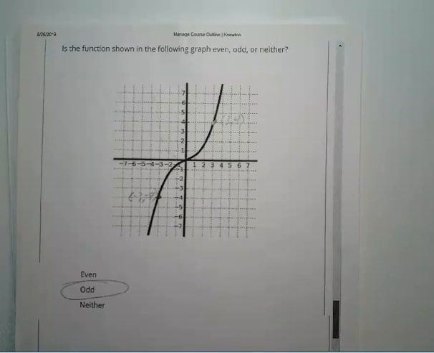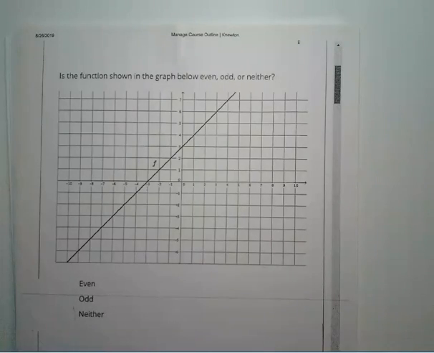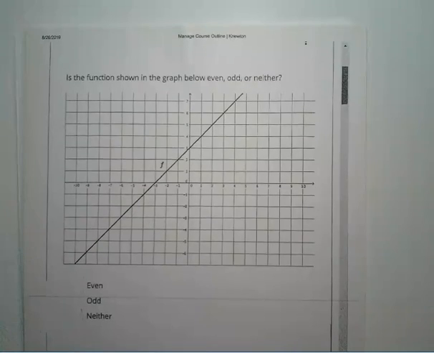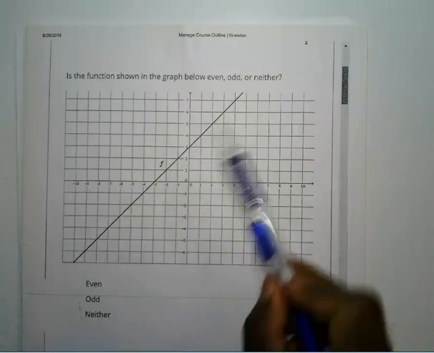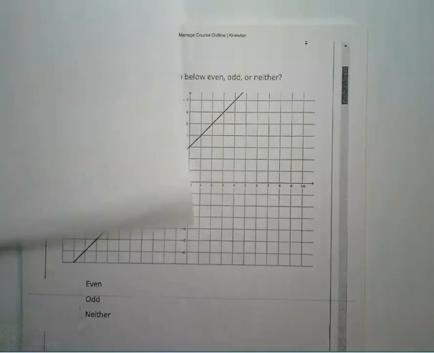All right. Okay, so let's do another example. Is this odd, even, or neither? If you look at just this portion here, let me get a sheet of paper to block off. You always want to start with the first quadrant over here.